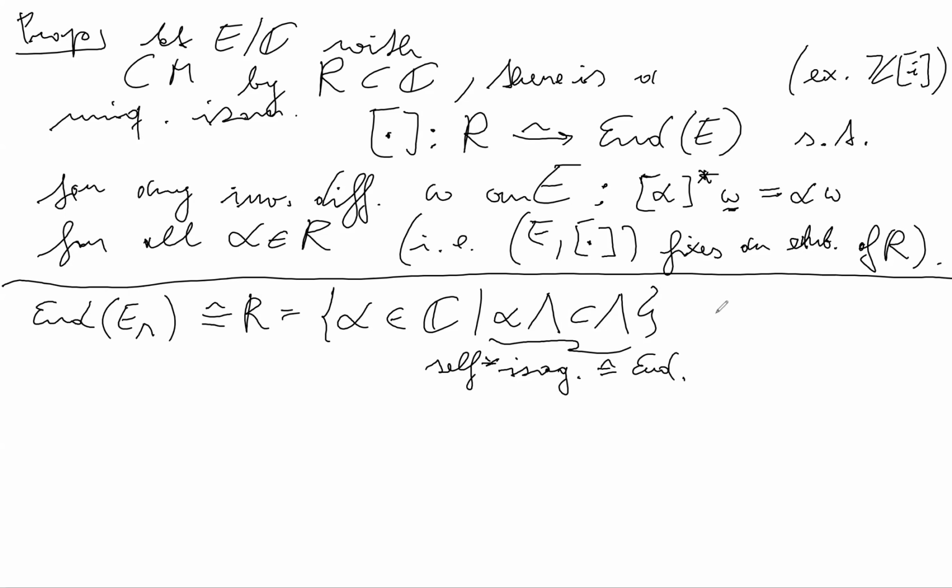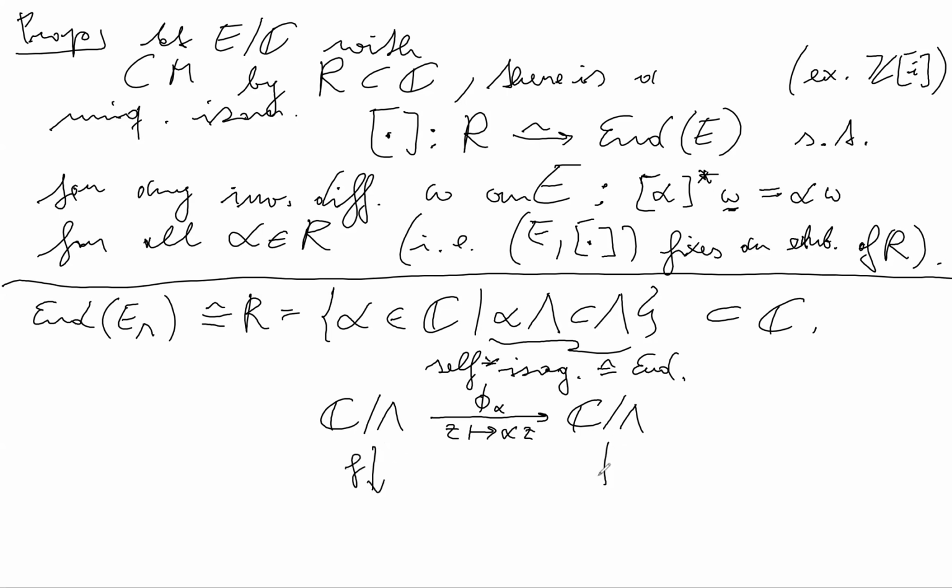And this whole set. So what you do is look at C mod lambda, and you look at this map phi alpha, which sends z to alpha times z, into C mod lambda, because this is a sublattice.